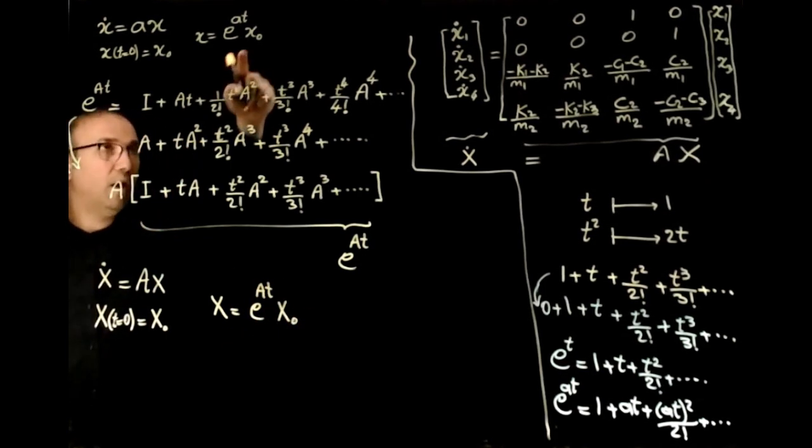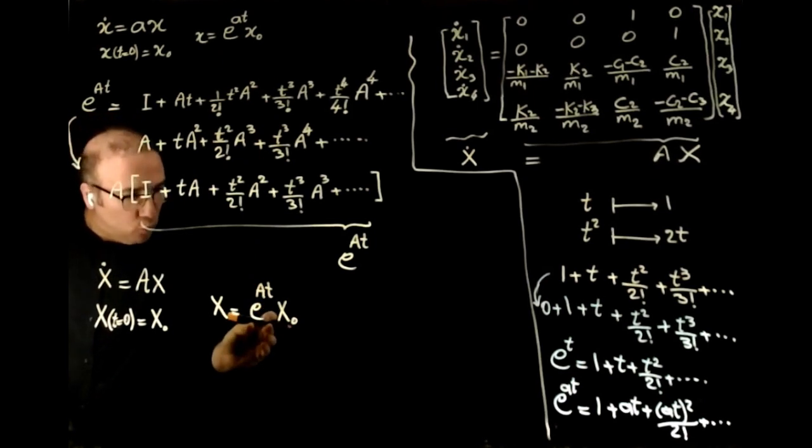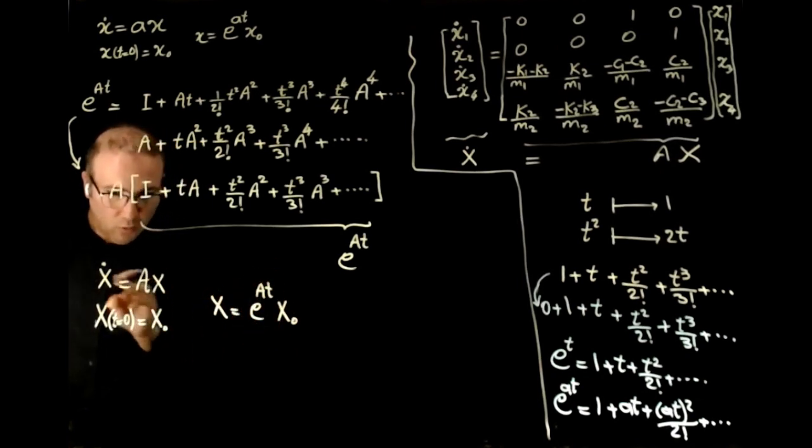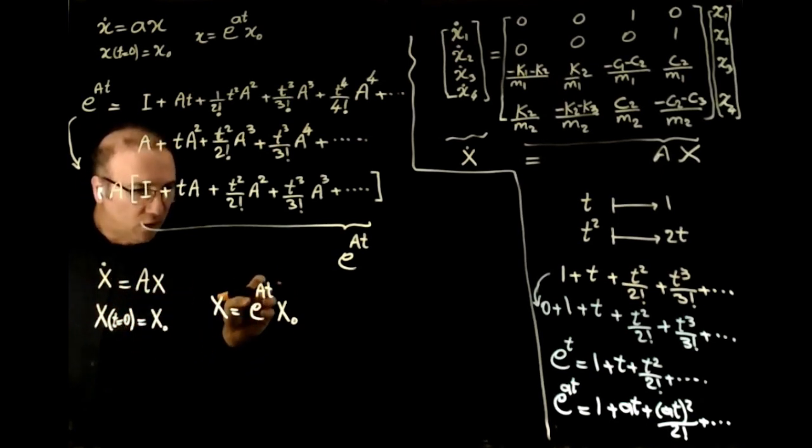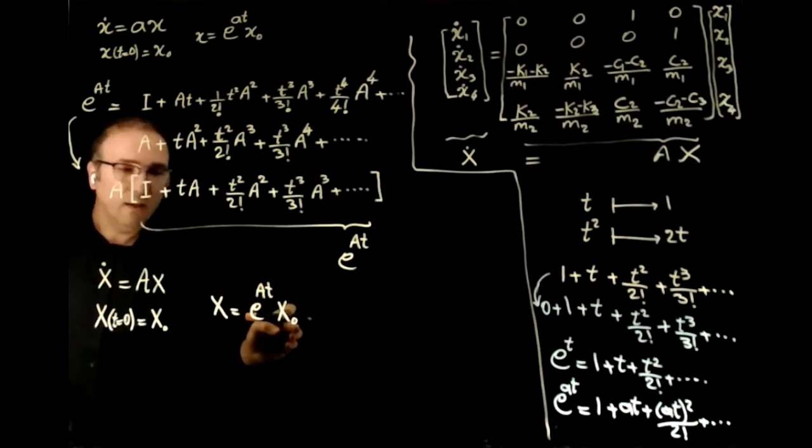When we do the derivative of that, the x dot would be Ax. And at time 0, it would be e to the power of 0, then it would be just x naught.